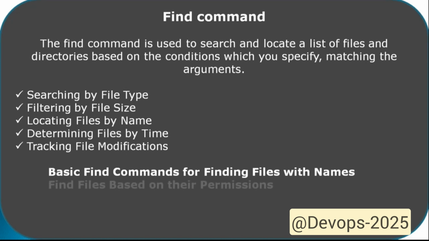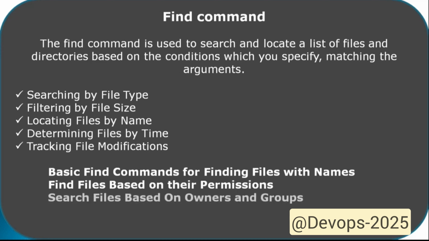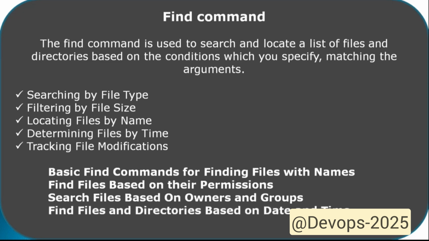The second part is finding files based on their permissions. The third part is searching files based on owners and group. Then we can find files and directories based on date and time. And finally, we can list out files and directories based on size.